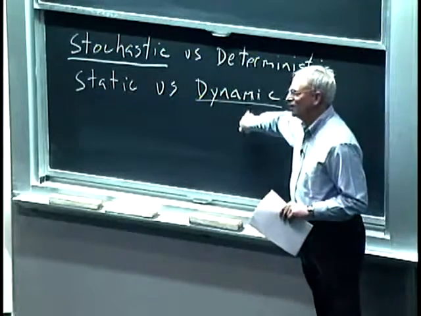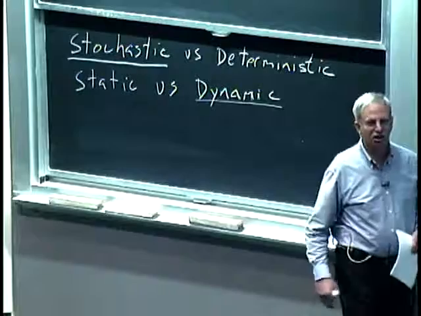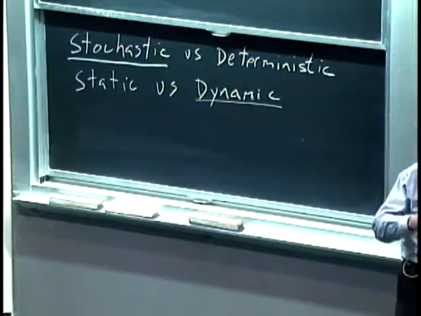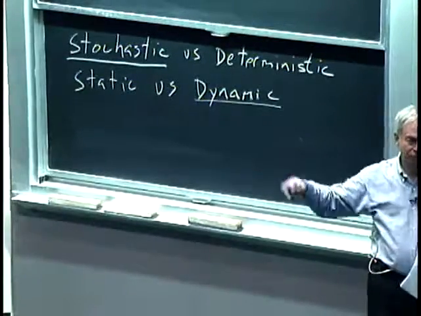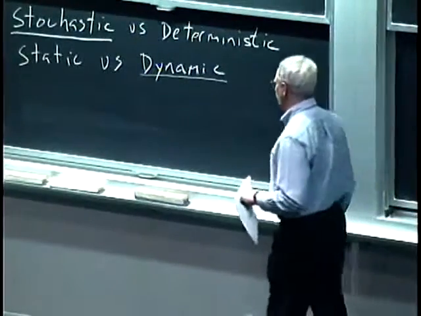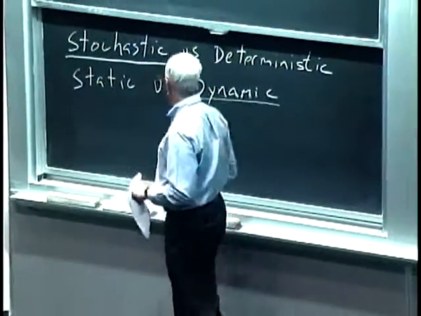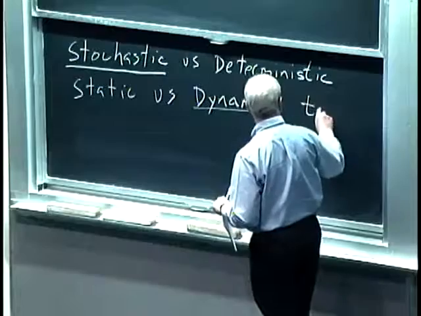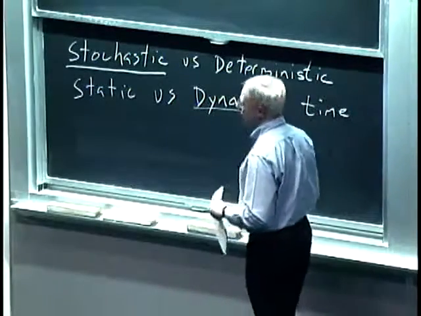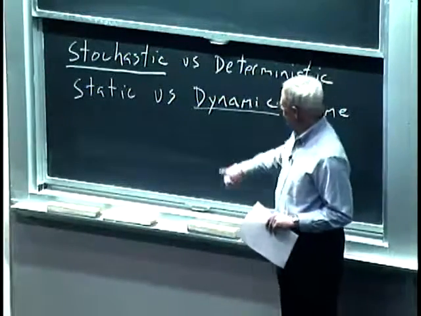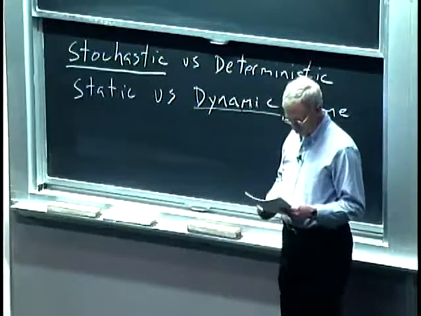In a dynamic situation, time plays a role, and you look at how things evolve over time. In a static simulation, there is no issue of time. We'll be looking at both, but most of the time we'll be focusing on dynamic ones.